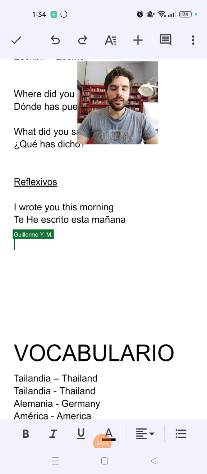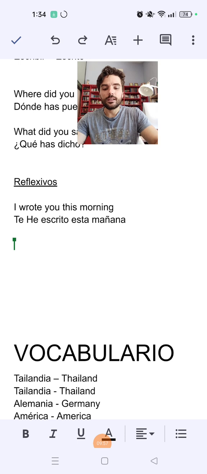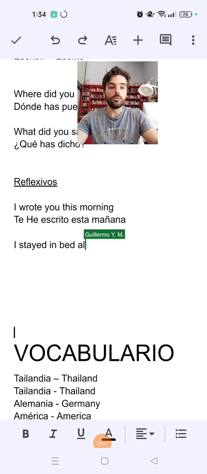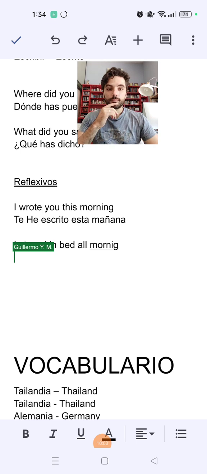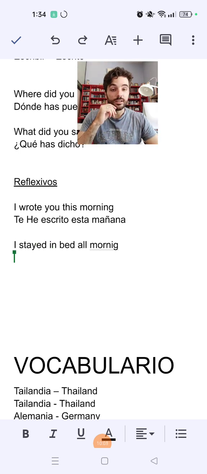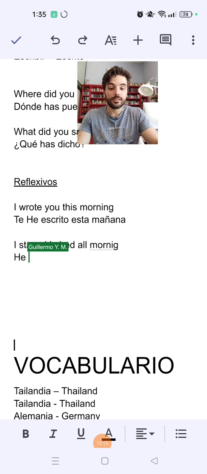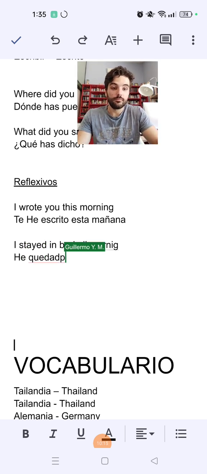Okay. How can I say I stayed in bed all morning? Verb stay. You should be a professional for verb stay by now. So you would say, right? Quedado, because the verb is quedar.